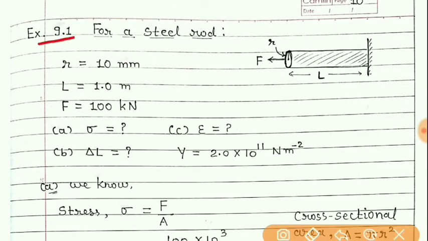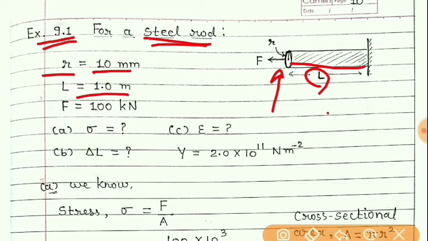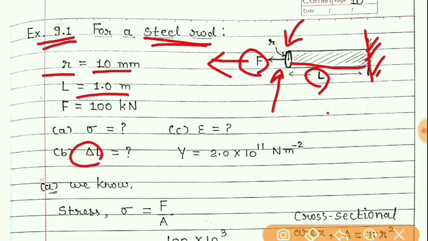Now example number 9.1. Given a steel rod, its radius of cross section is 10 mm, and the length of the steel rod is 1 meter. The force is applied at one end of the steel rod; you can see here that at one side it is fixed, and when a force is applied from the other end, there will be a change in length.